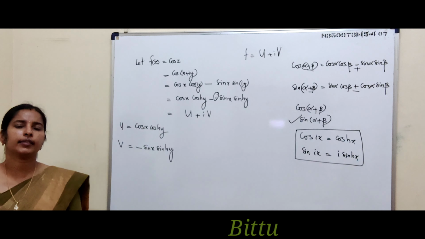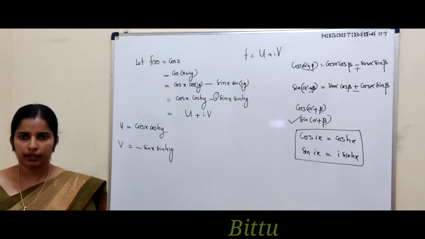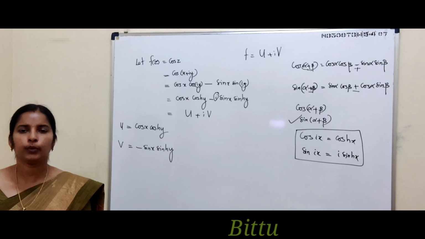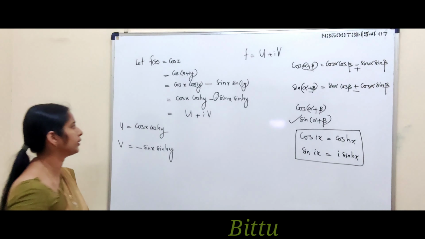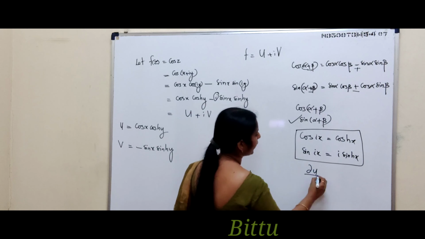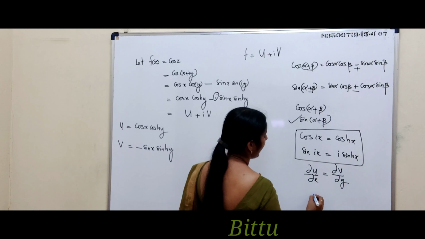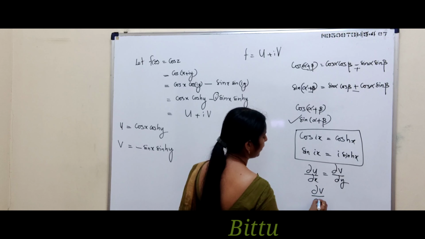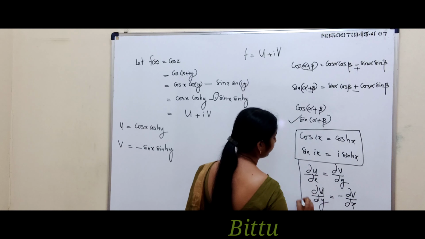Next, for checking the analyticity of f, we have to check whether f satisfies the Cauchy-Riemann equations. What are Cauchy-Riemann equations? Cauchy-Riemann equations are ∂u/∂x equal to ∂v/∂y and ∂u/∂y is equal to minus ∂v/∂x.